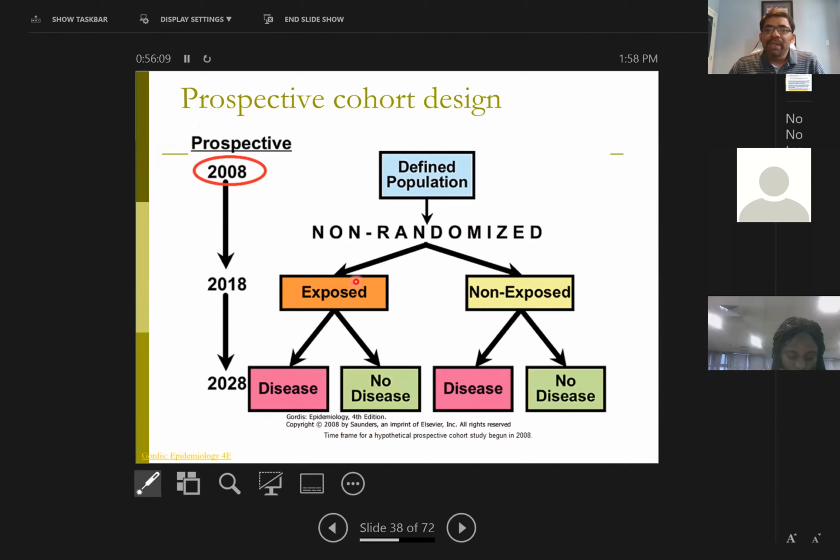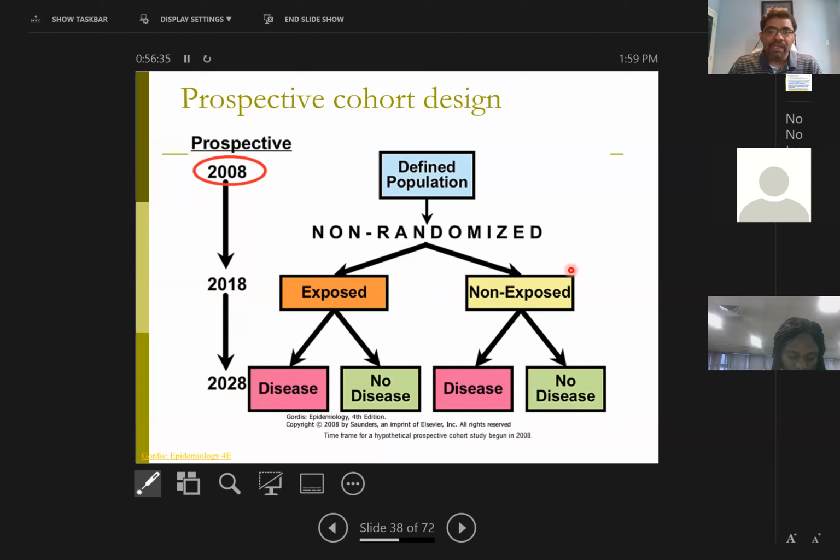It just happened. So some of them were exposed to smoke and fire and dust. Others were less exposed. And then you follow them over the next 20 years, for example, to see who gets lung cancer, who doesn't, the exposed group and the unexposed group. So you start with their exposure at the time it happened, and then you follow them over the next 10 years, 20 years, 5 years, whatever you want.